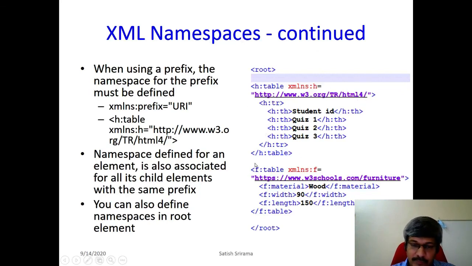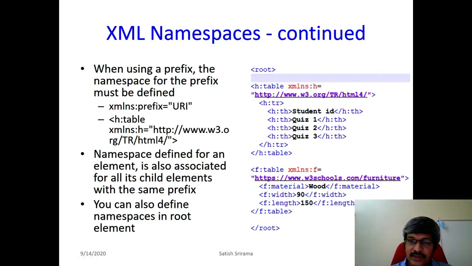Now my furniture table, I will start with f colon table. Now I will have a different namespace from a different URI. Here it is a furniture based namespace. So f colon material, f colon width, the length, everything stays the same.